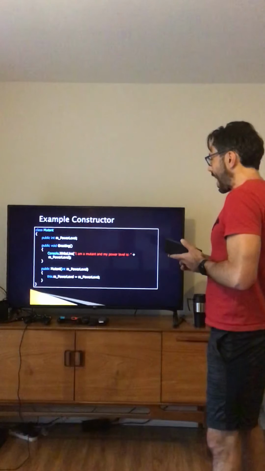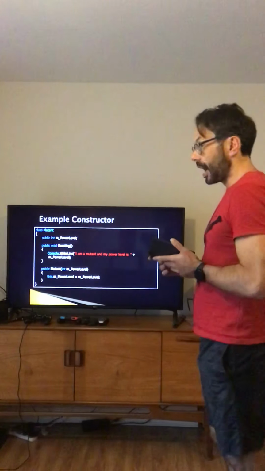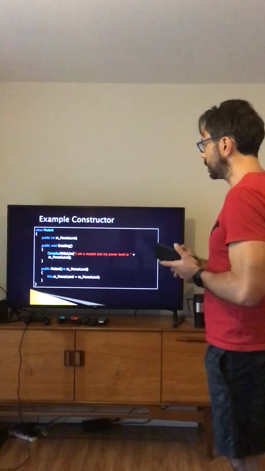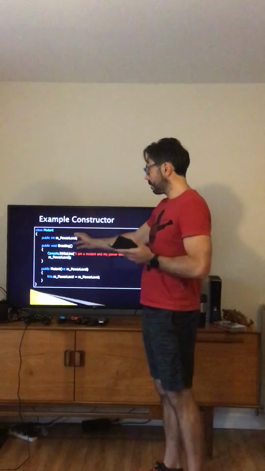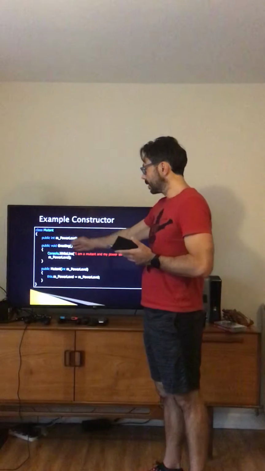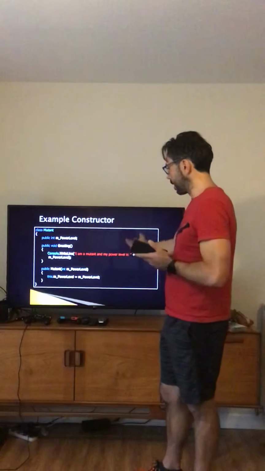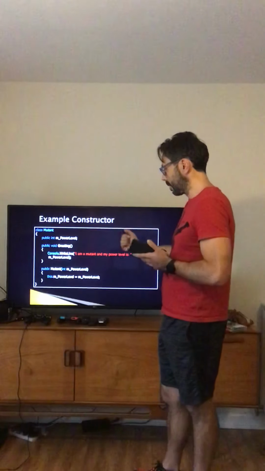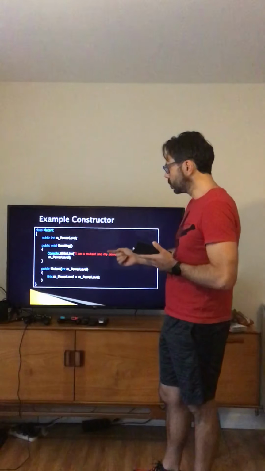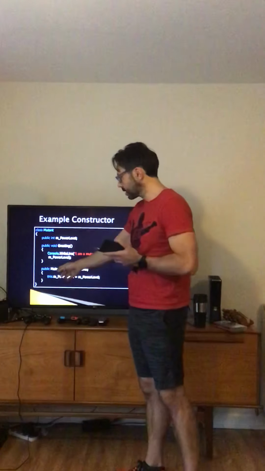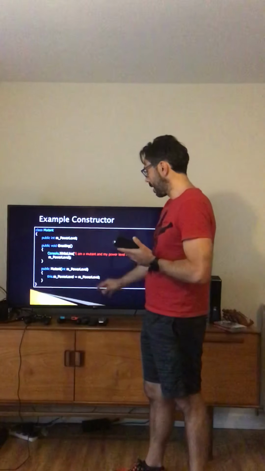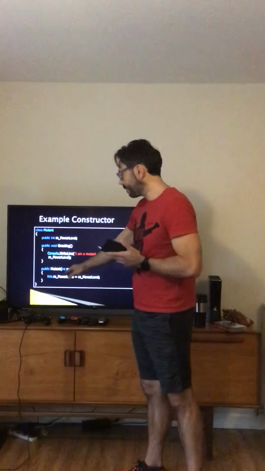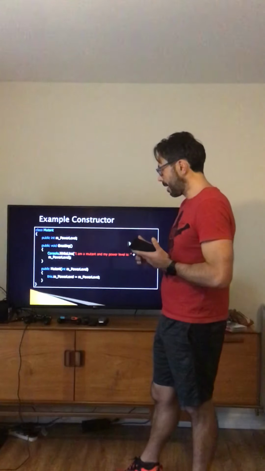This is the C# equivalent, and as you can see it's far more convenient. You get int power level, mutant power level, and your greeting again: I'm a mutant, my power level is power level. Then you can use the this keyword to access the power level and make some form of difference between them.